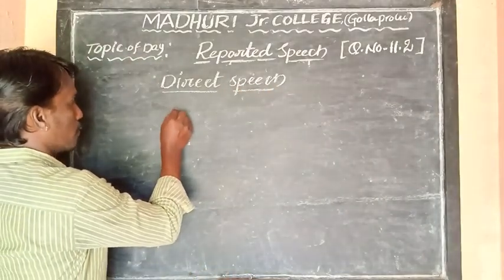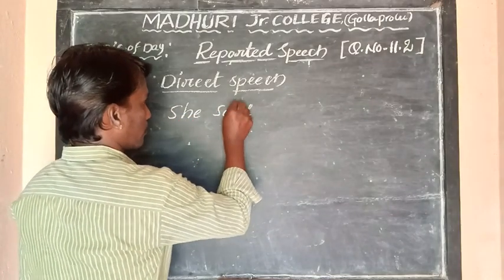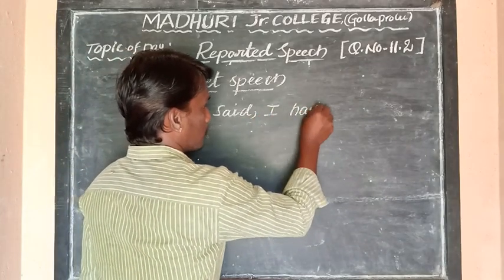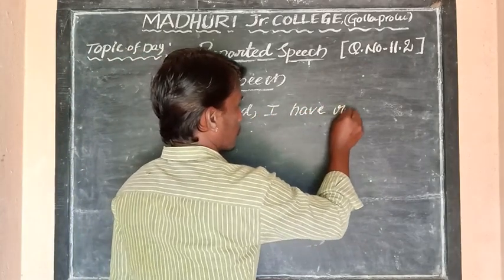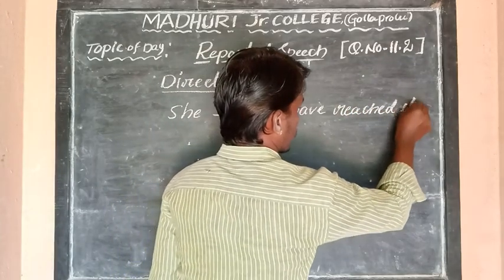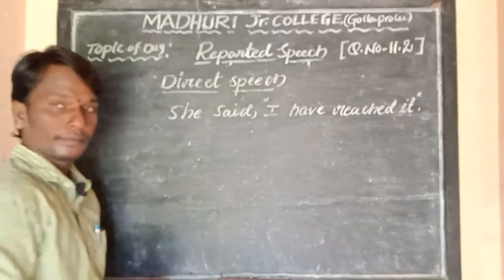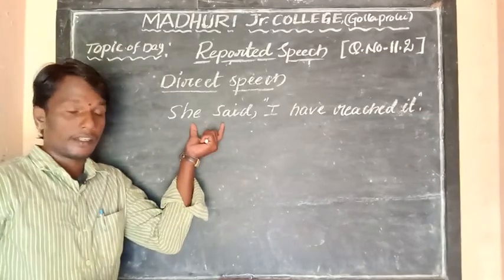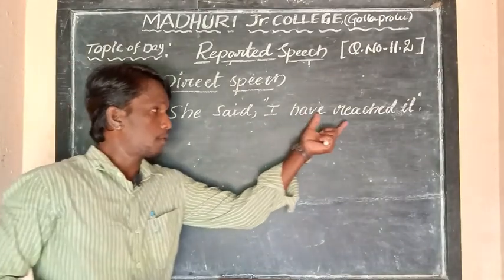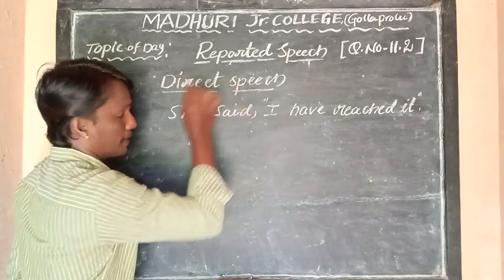For example, she said, comma, I have reached it. Look at the example written on the board: She said, I have reached it. So this is exactly what direct speech is.